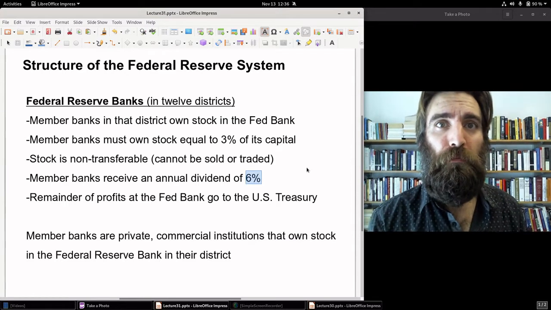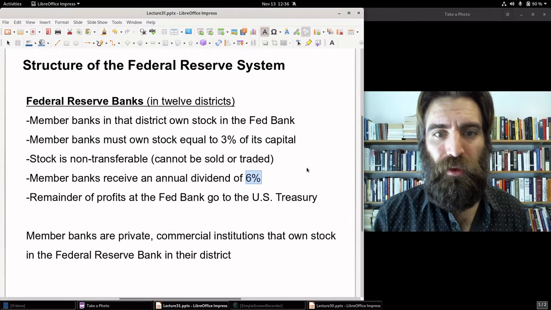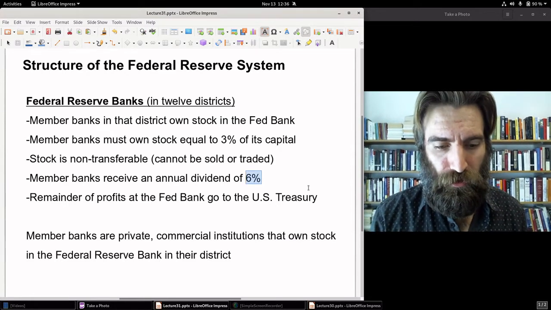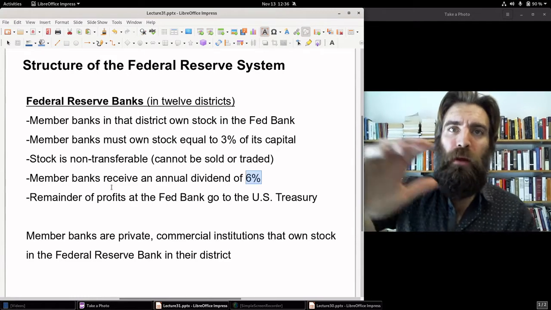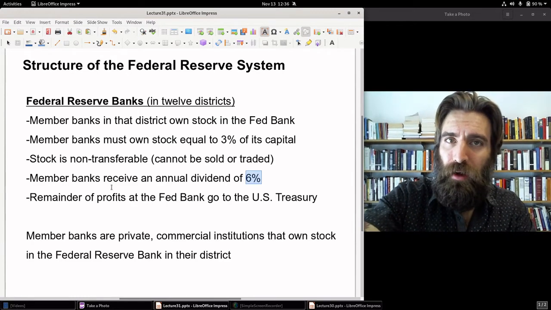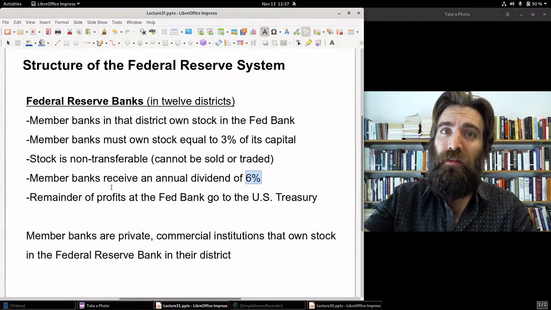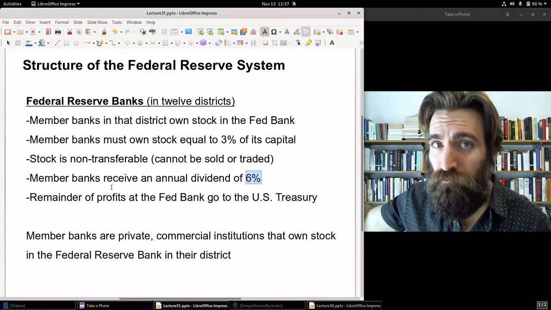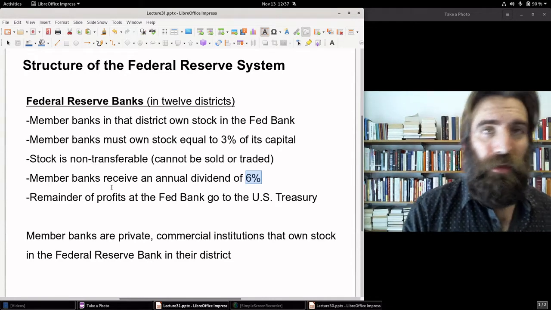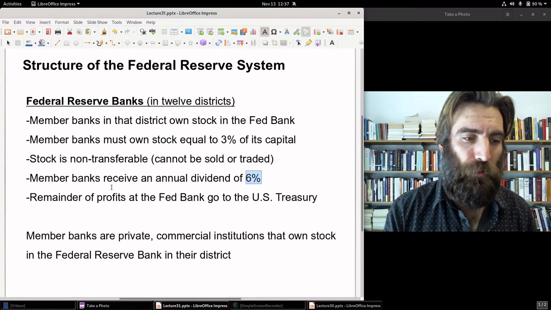Not a bad dividend. 6% you are entitled to, 6% dividend on the stock you own in the Federal Reserve Bank. And then any profits at that Federal Reserve Bank that exceed 6% go automatically to the U.S. Treasury. Okay? That's the deal that was worked out.